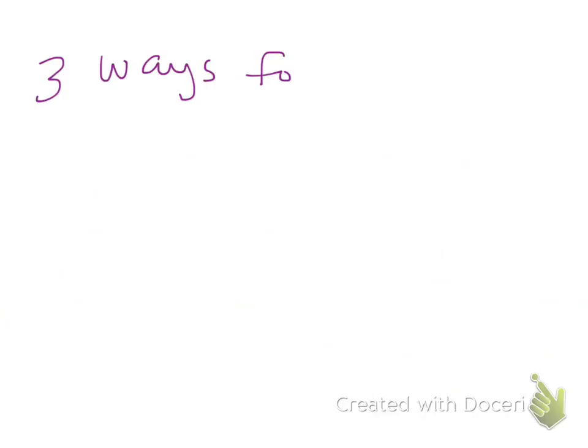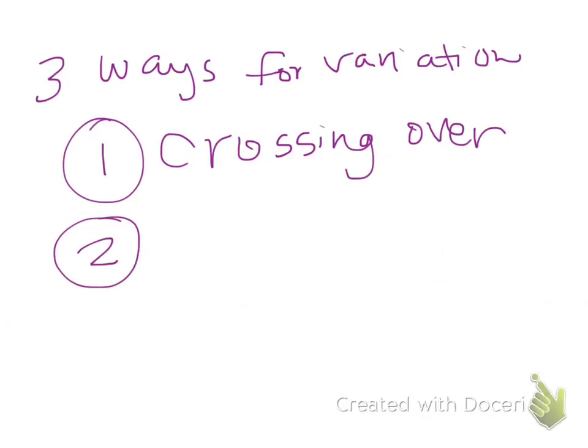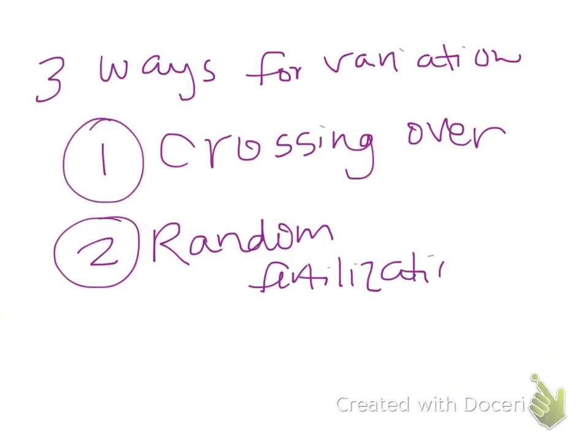Okay, so 3 ways for variation. Number one is crossing over. You want to know what that is. Number two is random fertilization. And that could really mean one of two things. That could mean that your mate is random, like you're a girl and you're going to make a baby with a random boy, but not really random, you're going to choose him.